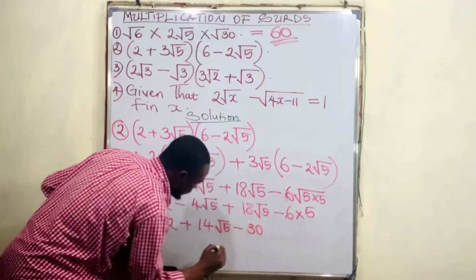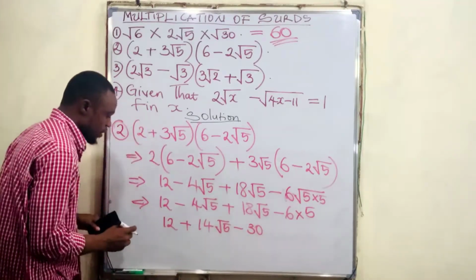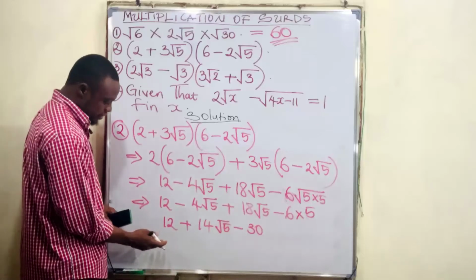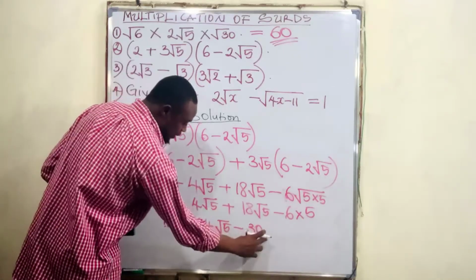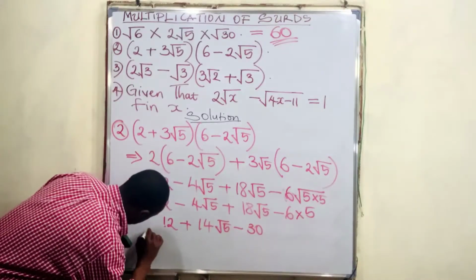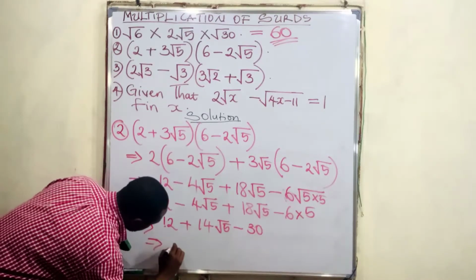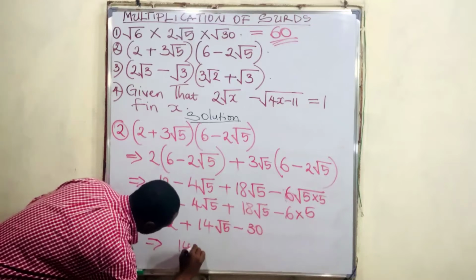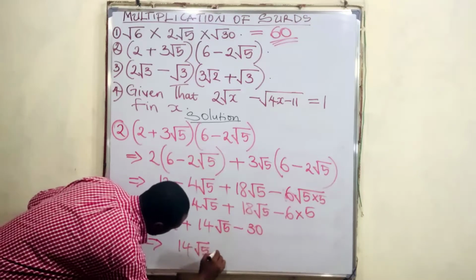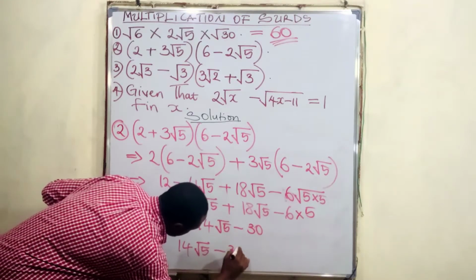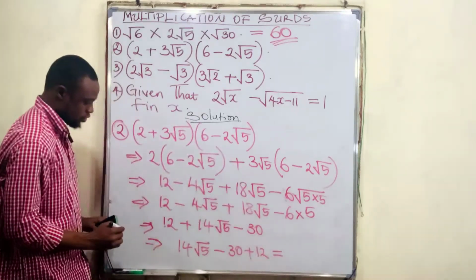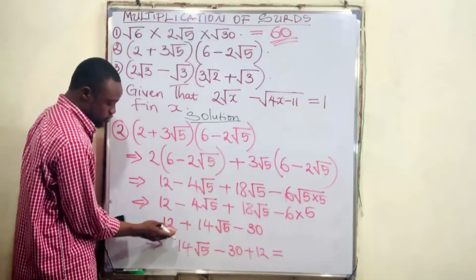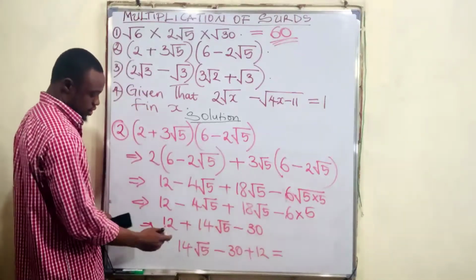30. So finally, if I rearrange this, I add the plus 12 to this one. We now have 14 root 5 minus 30 plus 12, which is equal to, I just rearranged it, took this 12 down there, and we have this.